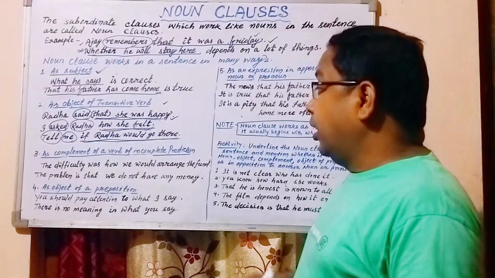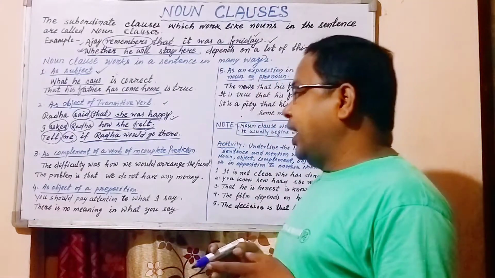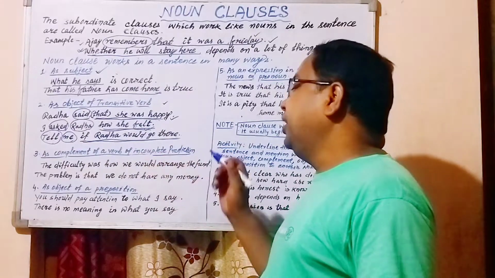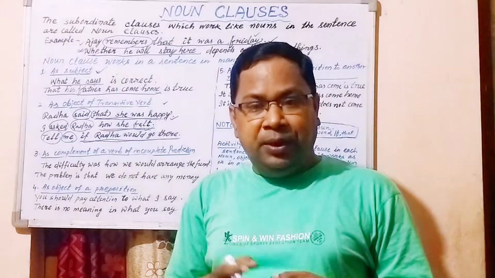Likewise, in point three, you see how a noun clause acts as a complement of a verb of incomplete predication. First of all, let me explain what a complement is.